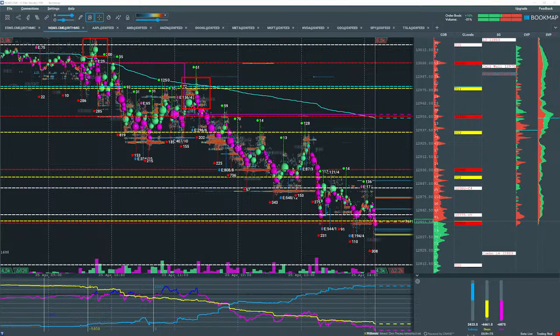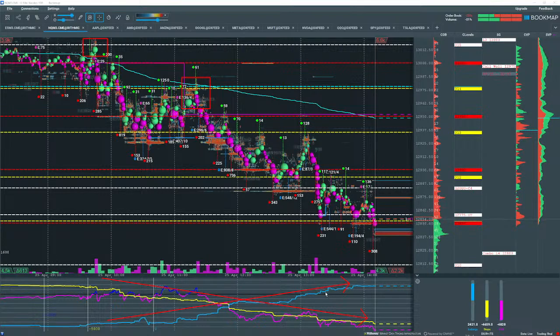And notice in this case that both CVD is falling and sell stop orders are fueling the move lower, and then larger traders are actually fading this move. That's shown by the rising light blue line.